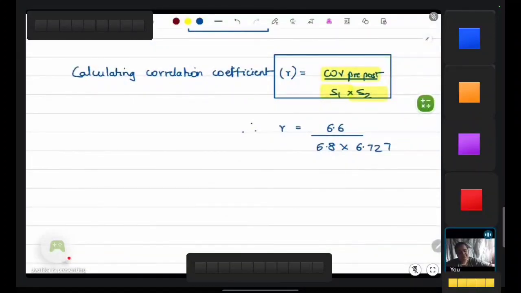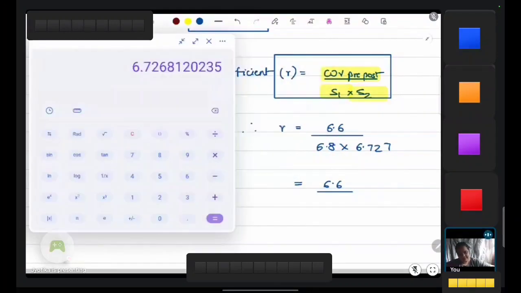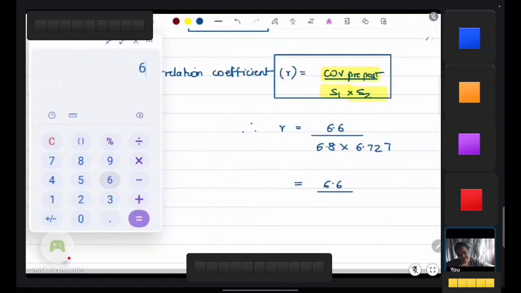Let's solve the denominator first. So 6.6 into 6.727, up to 3 decimals, gives me 44.398.